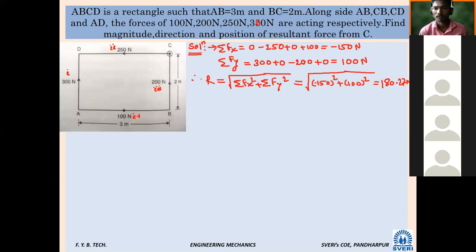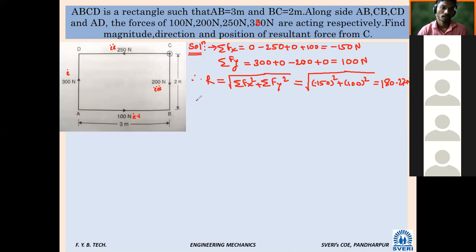Roll number 38, where have you made a mistake? Check the bracket once again, carefully. That's why I was telling. Same answer now, 180.27. Okay. R is equal to whatever answer you got, 180.27.